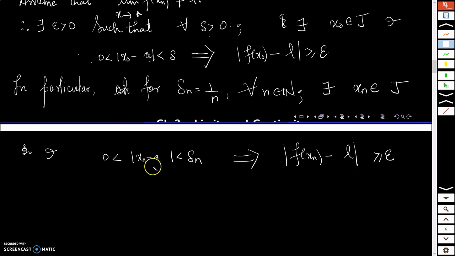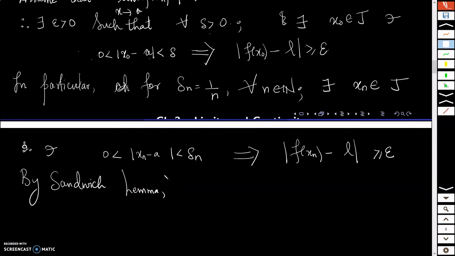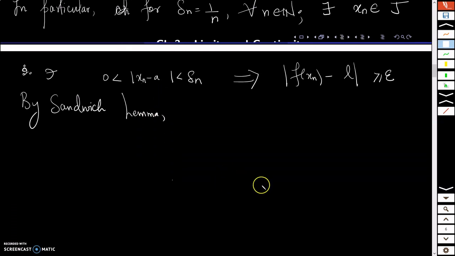right? So 0 is a constant sequence which converges to 0. So by sandwich lemma, 0 converges to 0, right? Because that's a constant sequence converging to 0.